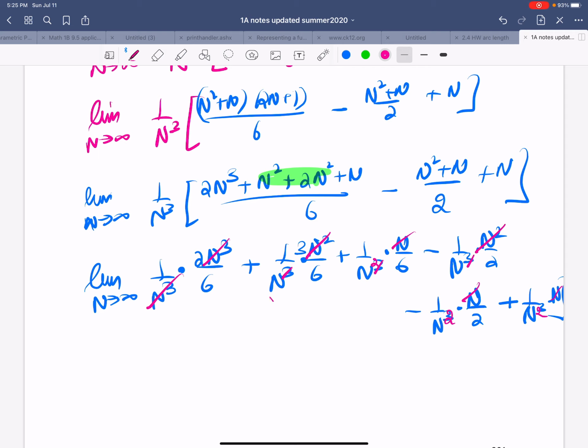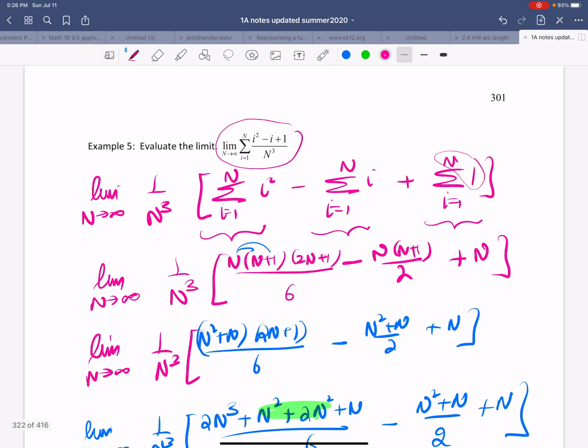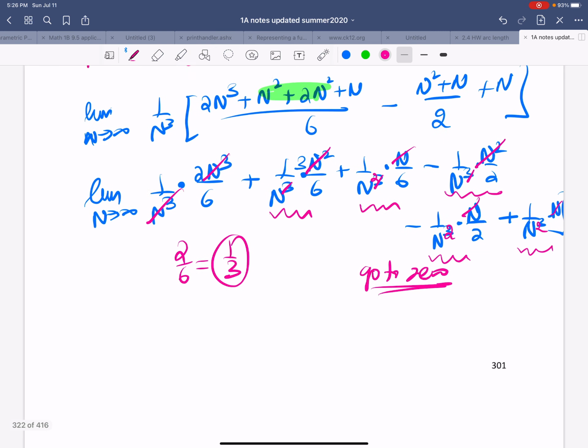All the terms where I have n in the denominator and no n in the numerator are going to go to 0, because when n goes to infinity, n gets really, really large. The first term is the only one where I don't have any n's in the denominator. It's the same degree in numerator and denominator. So this limit goes to 1/3. We use the summation formulas here, so memorize the summation formulas.